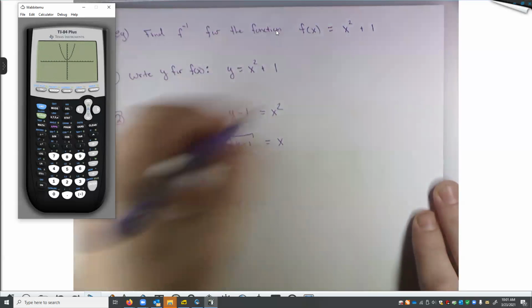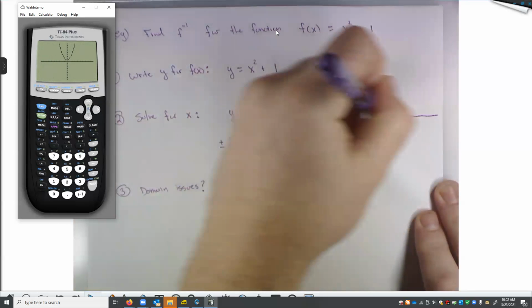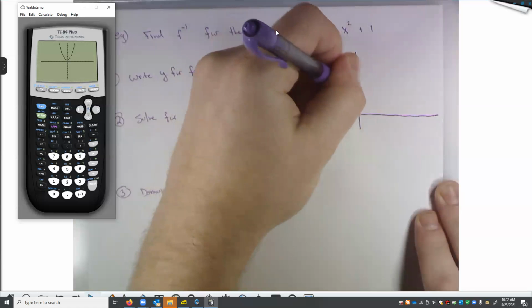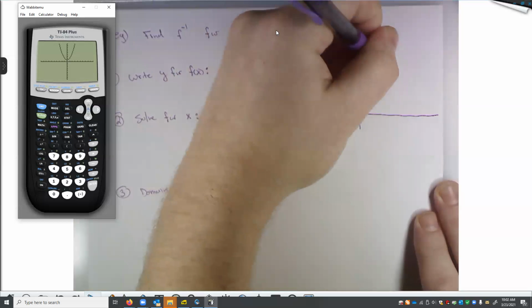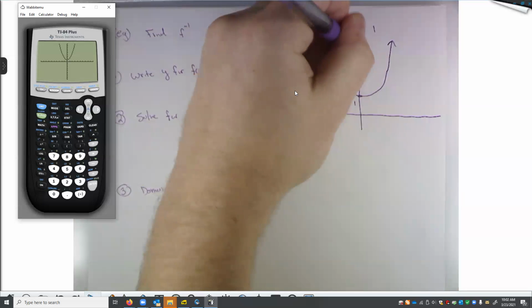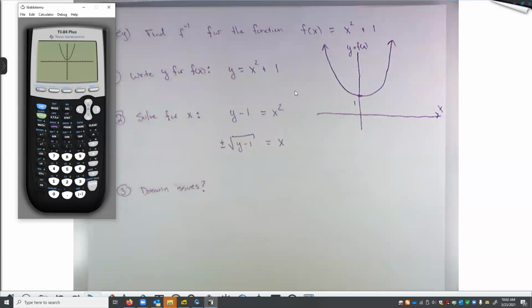So is this a one-to-one function? Yes or no? Somebody tell me, is this function one-to-one?